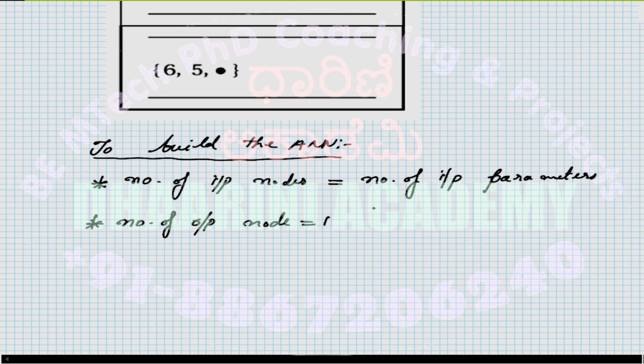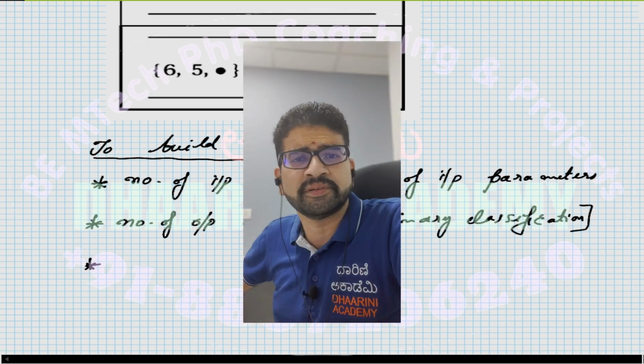This is obviously because it is a binary classification. Then let's say I want to implement the hidden layer. Hidden layer size is random.